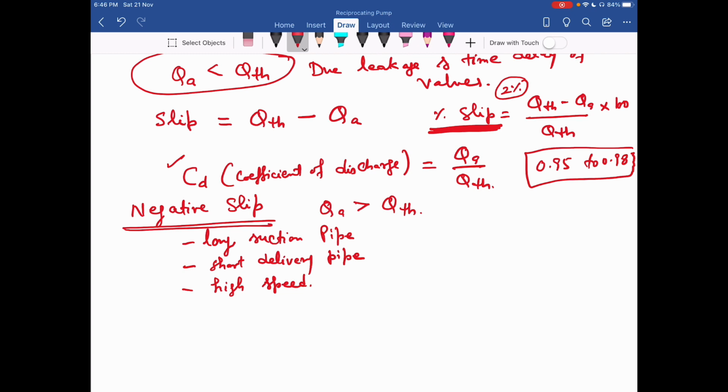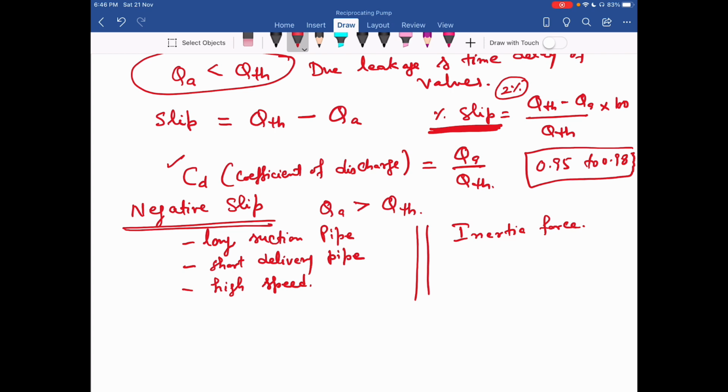At that time, inertia force plays an important role. The inertia force in the suction pipe becomes large as compared to the pressure force on the outside of the delivery valve. I repeat, the inertia force in the suction pipe becomes large as compared to the pressure force on the outside of the delivery valve.